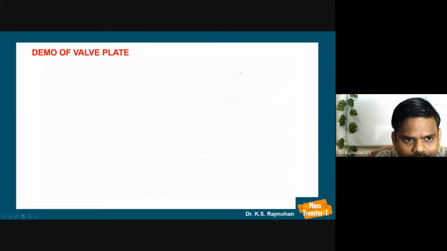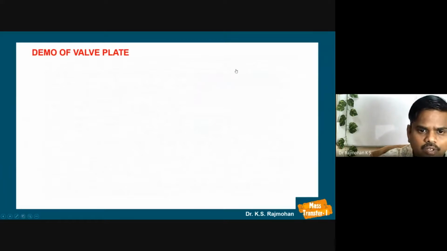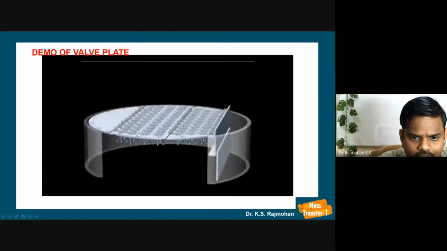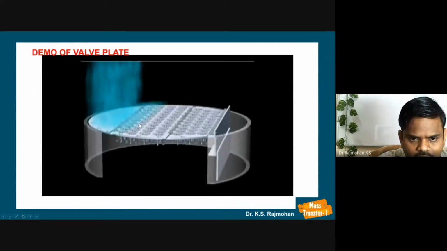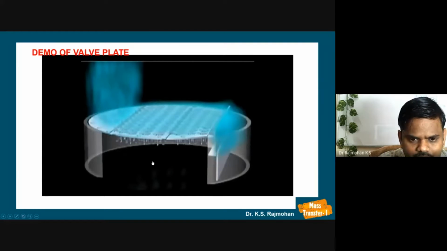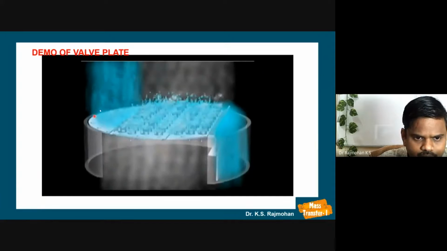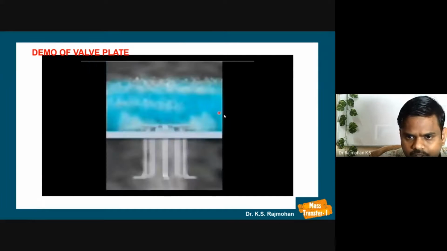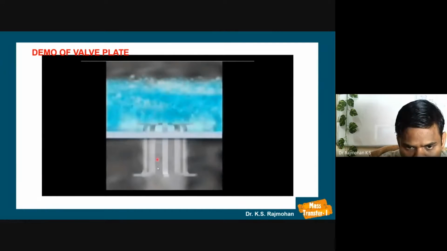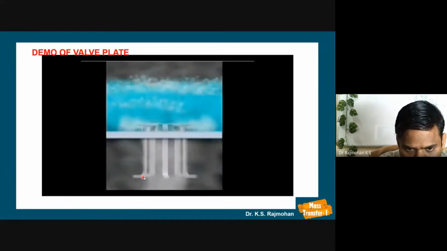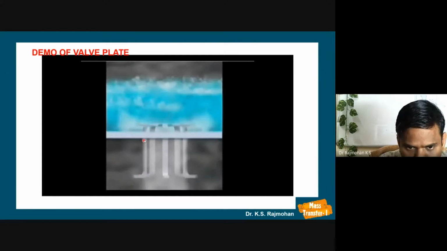Let's look at the demonstration video for the valve plates. You have liquid coming in a cross-current direction. This is a valve. Depending upon the pressure, this valve is like push-pull, right?